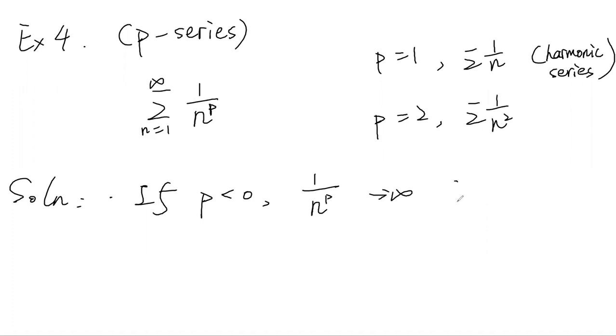For example, if p is equal to -1, then 1 over n to the -1 is equal to n, and as n approaches infinity, this approaches infinity. So when p is a negative number, this term goes to infinity.